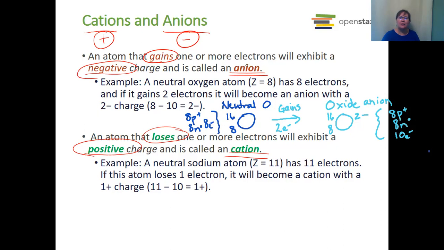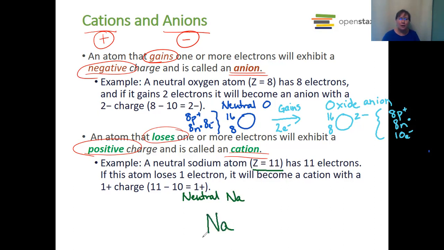Okay. Now let's look down here at our sodium. All right, now sodium, we can look at our periodic table. Okay, and sodium is number 11. It tells us here Z is equal to 11. So neutral sodium, and sodium is Na, one of those that doesn't really match.